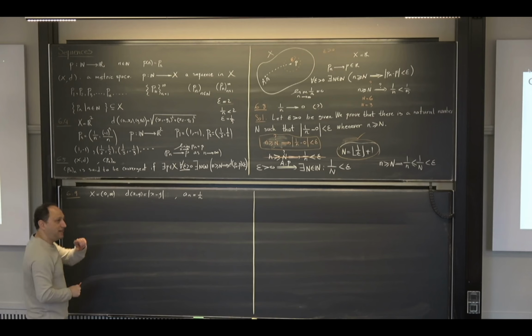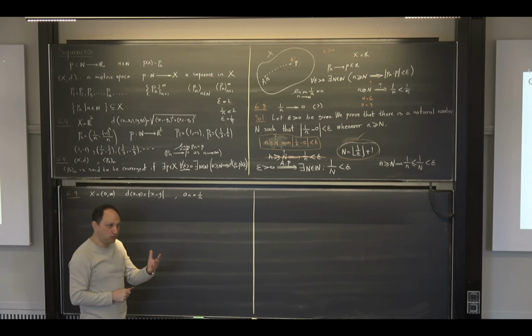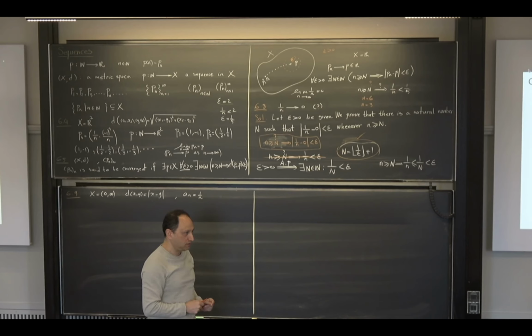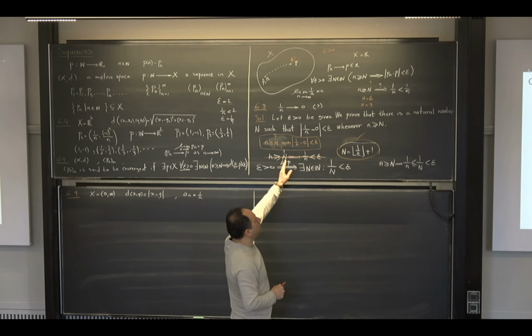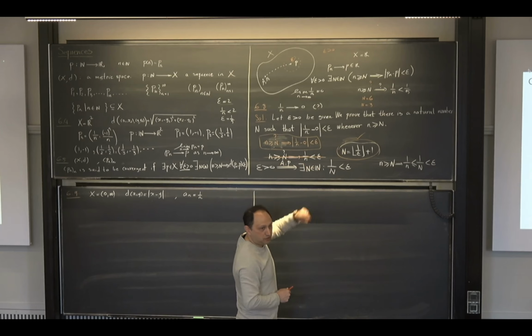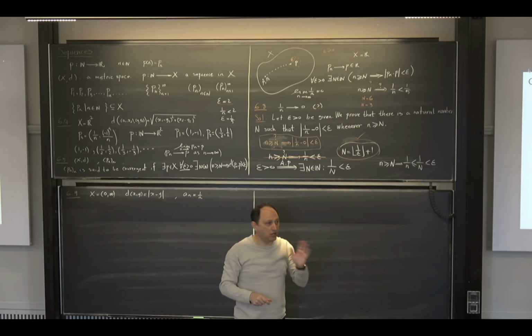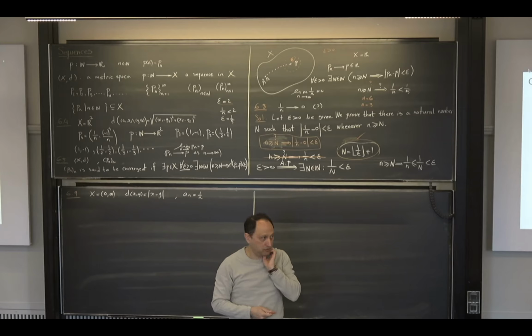But later, we will prove that if a sequence converges to a point, that point is unique. In this problem, we prove that this sequence converges to 0. So if it converges to 0 in the set of R, it cannot converge to any other point.